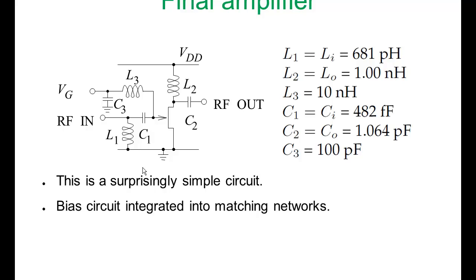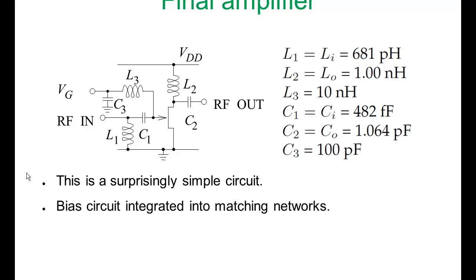So let's summarize what we've been able to achieve. Here is our final amplifier. This is a surprisingly simple circuit. We had a well-organized design process to get here. We looked at various definitions of gain to guide us during the design process, but because we were going for maximum gain that could be achieved, we only used one gain, and that was GTU max, and we used that to help us select the transistor.